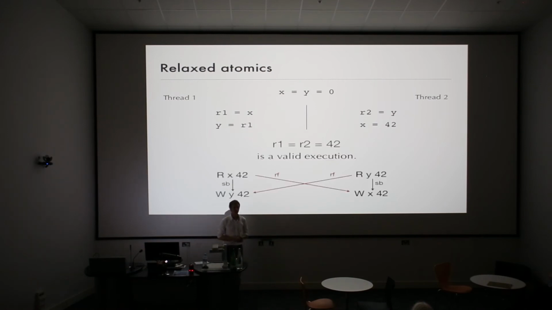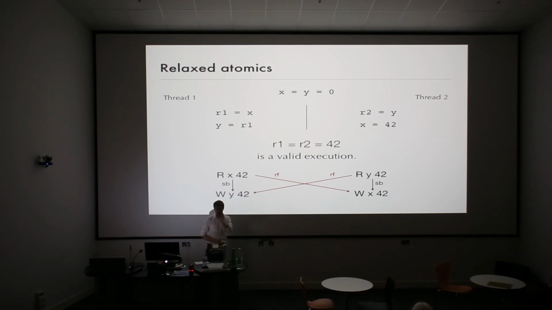Well, this program can end up with R1 equal R2 equal 42. Why? Because everything is relaxed. The intuition is that the compiler might reorder these 2 accesses. So you get x is 42, R1 is 42, y is 42, R2 gets 42. Okay, this is what is expected.